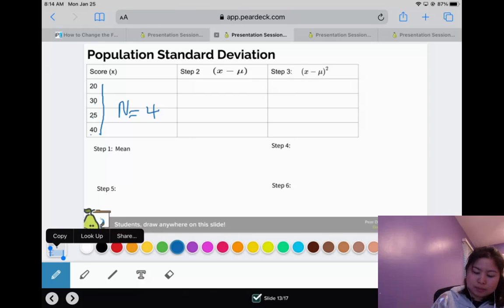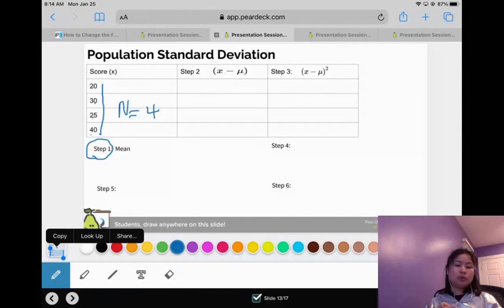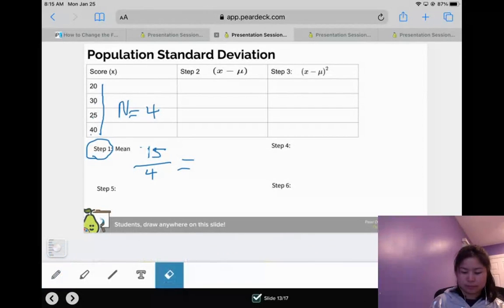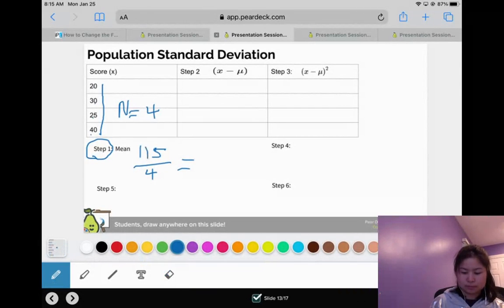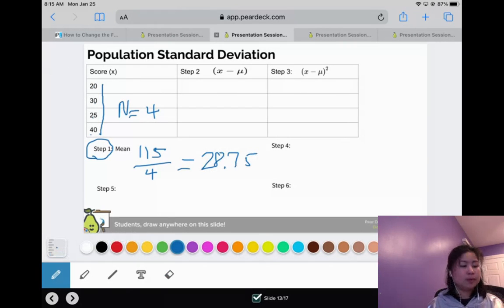So step number 1, I need to find the average. I already showed you how to use a calculator for it, but you should know how to do it by hand as well, because I'm going to ask you to do one problem by hand. So 20 plus 30 plus 25 plus 40, that's 115 divided by 4, which is 28.75.